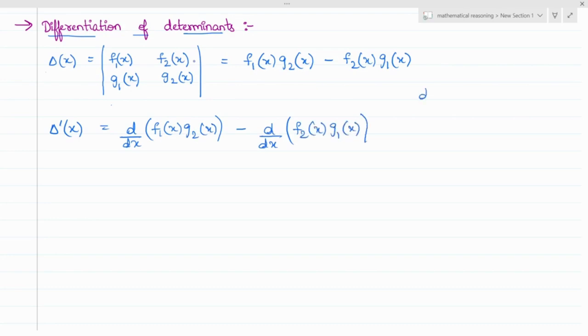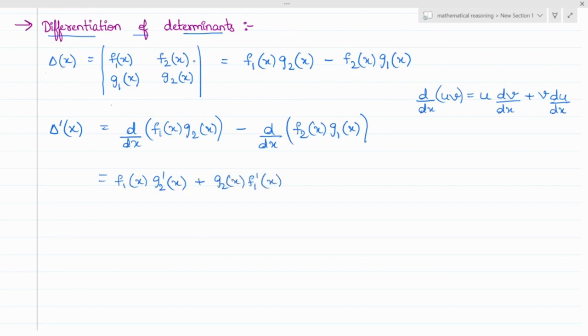Now you know already d/dx of uv, that is the product rule, is nothing but u times dv/dx plus v times du/dx. So similarly, apply over here. f1(x), differentiate g2(x), that is g2 dash x, plus g2(x) into f1 dash x.